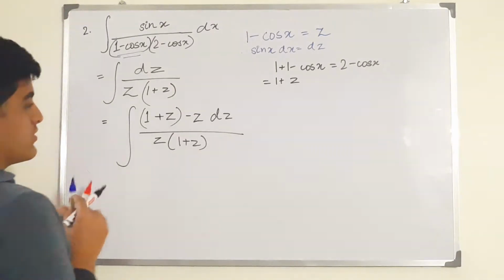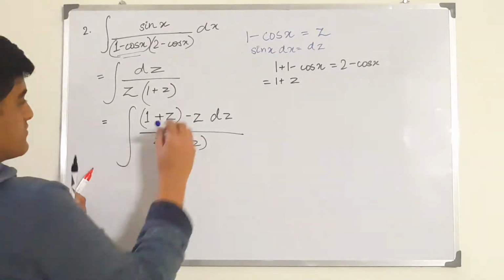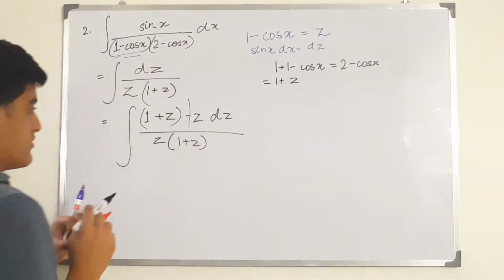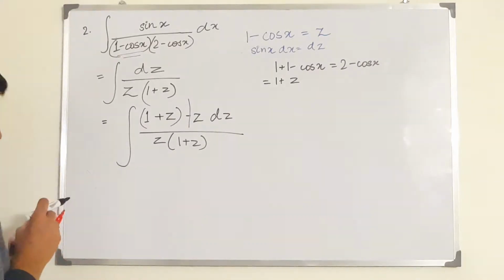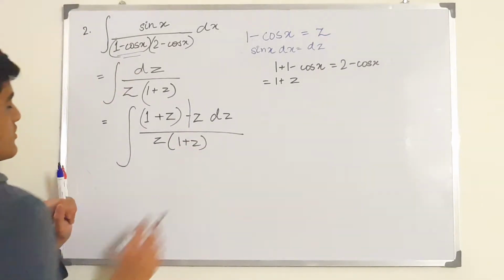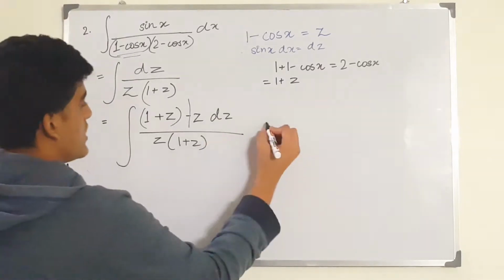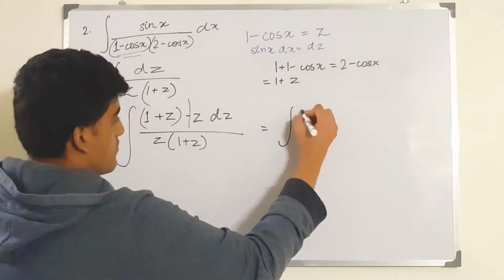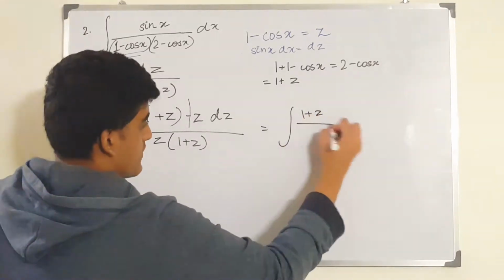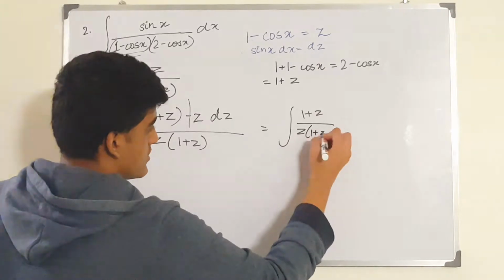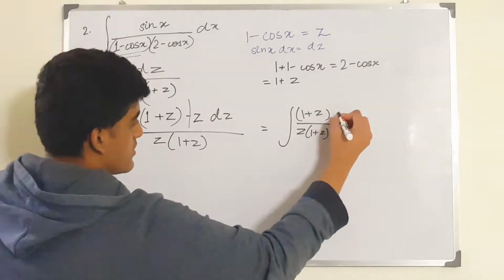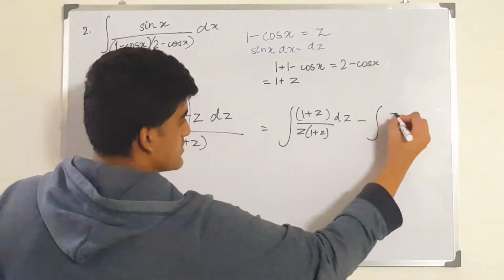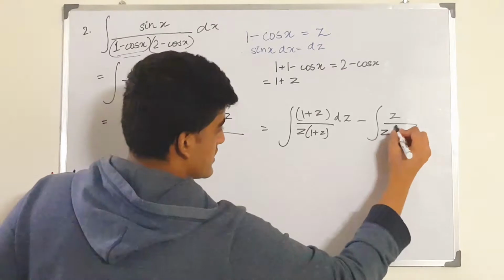So what do we do now? We split from the minus. The left of the minus becomes one expression, and to the right of the minus we get another expression. So what we have is 1 plus z divided by z into 1 plus z, minus z divided by z into 1 plus z.